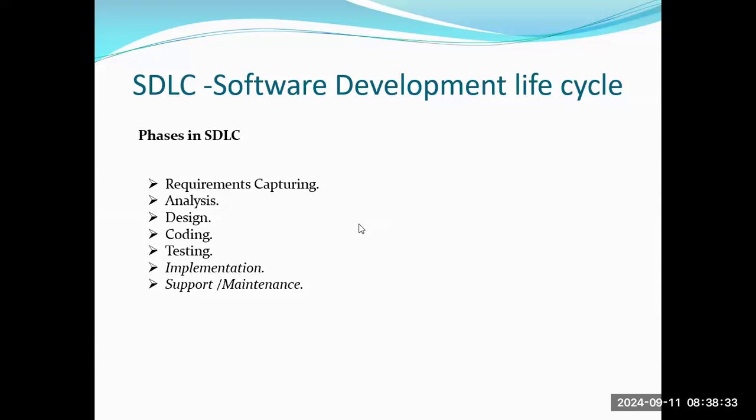Once the analysis is done: risk analysis, risk mitigation, risk strategy, metrics. All this comes in the analysis part. Once the analysis part is done, they go with the design phase. What is design? Designs are low level designs and high level designs.